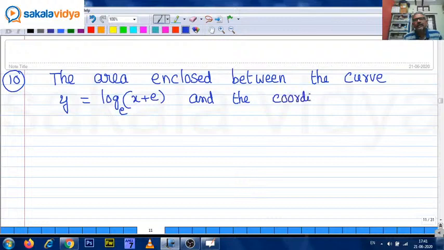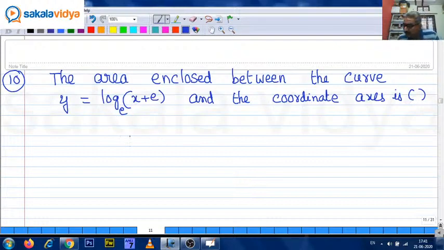Coordinate axis means x-axis and y-axis both. The area enclosed between the curve y is equal to log of x plus e to the base e and the coordinate axis is.